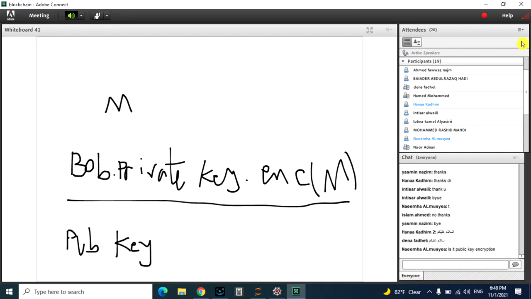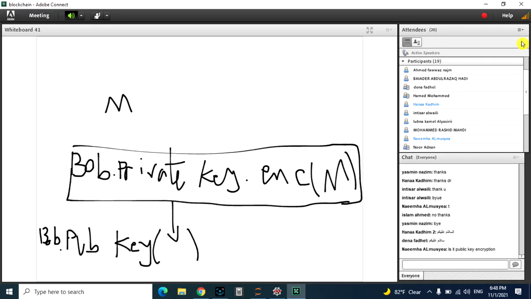As I said, in all approaches, everybody knows others' public keys. So everybody can decrypt this message using Bob's public key. The result must be equal to M. This is called a digital signature.